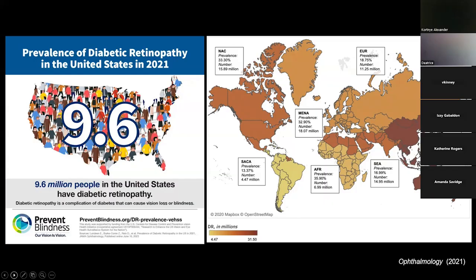And the image on the right side shows that across the world, depending on which location, region, or country you look at, certain countries also have a higher rate of population being impacted by diabetic retinopathy.